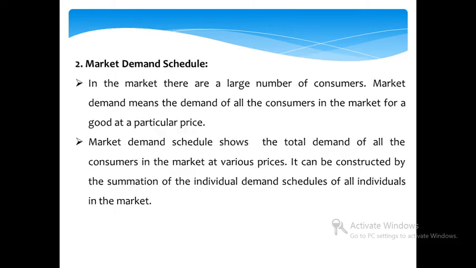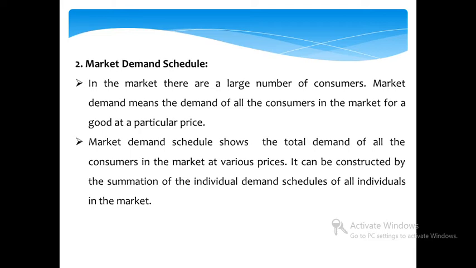Next, the second part is the market demand schedule. In the market, there are a large number of consumers. Market demand means the demand of all the consumers in the market for a good at a particular price.